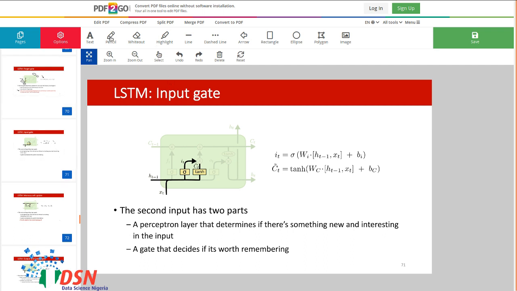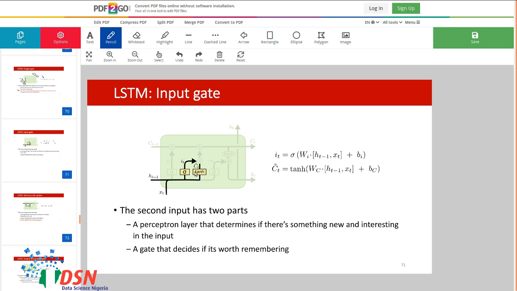Okay, the second thing is the input gate. In the input gate we have the previous hidden state and the current input. They pass through a sigmoid, which we now know how to think about as a valve or gate, to produce some output between 0 and 1.